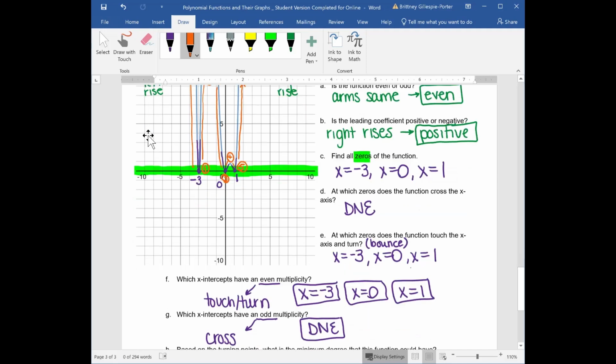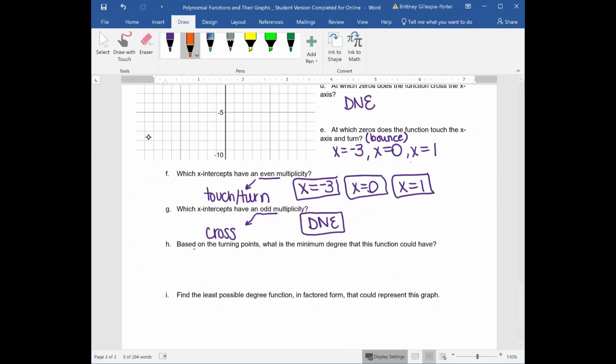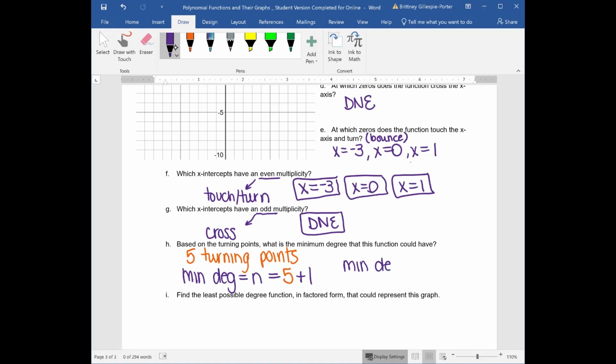Okay. And if we have 5 turning points, remember that our minimum degree is going to be our number of turning points, which we said was 5, plus 1, which means that the minimum degree, and remember we use n for degree, is 6.